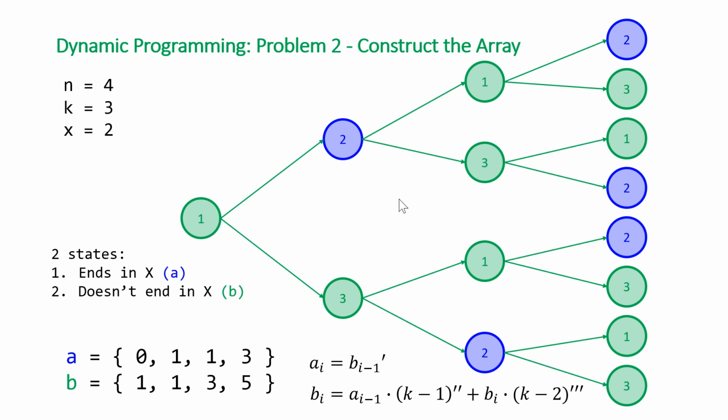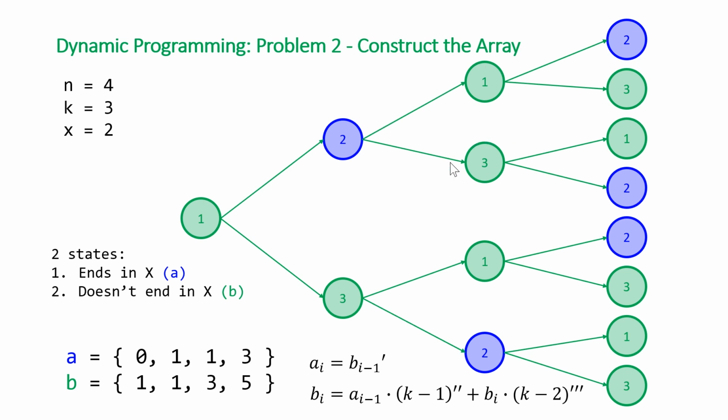So what we'll notice here is that if we take a look at this example here, this is where we have an array at the previous step that's ending in x. And we know that because we can't have two consecutive elements, the next element can't be x.